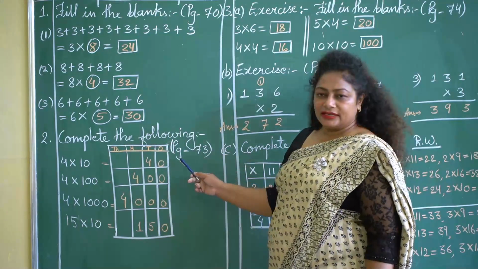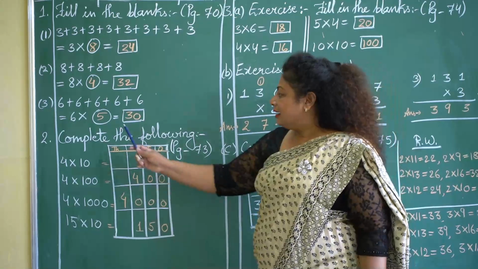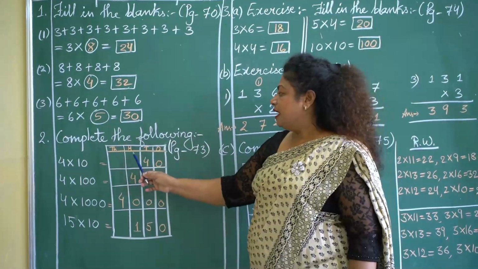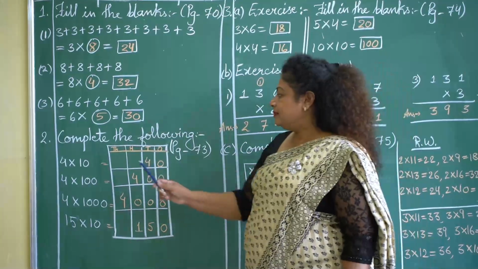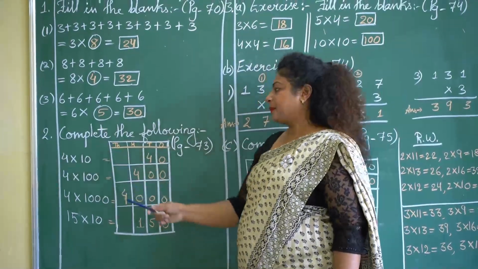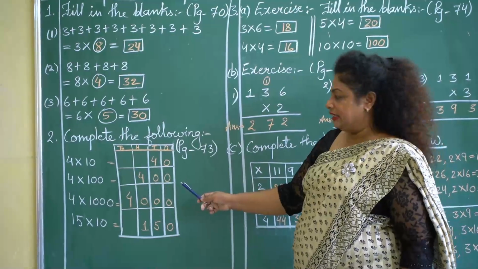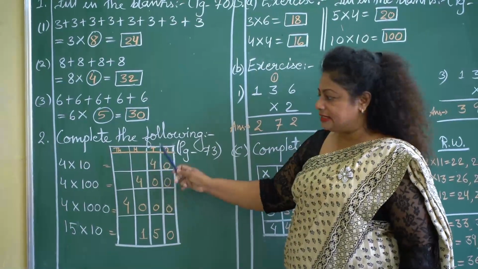Let us come to the next exercise. It is given on page number 73. Complete the following table. A table is given to you and we have to complete the table. Okay. The first number given to you is 4 multiplied by 10. 4 multiplied by 10 will give you the answer 40. 0 will be in 1's place and 4 will be in 10's place.